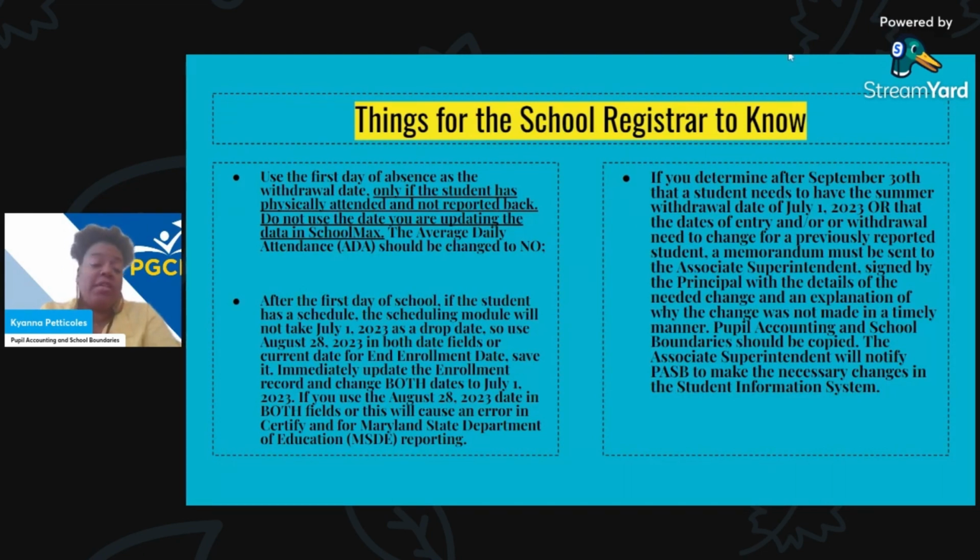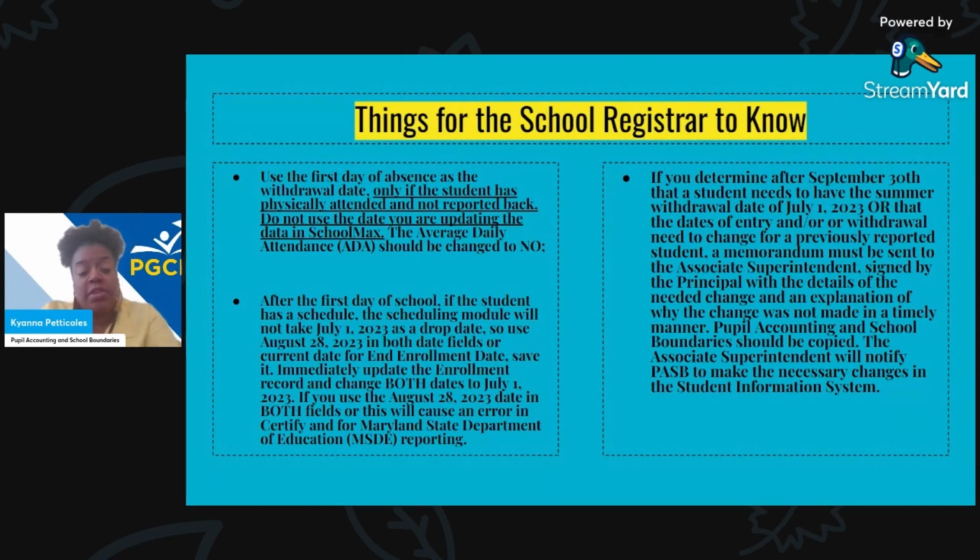You also may determine that moving forward, students may be withdrawn. They may have reported the first or second or third day of school, and now they're no longer showing up because the parent has moved and or transitioned out of the county. You'll want to make sure in those instances, if the student is to be withdrawn, that student is actually withdrawn on the first day of absence.